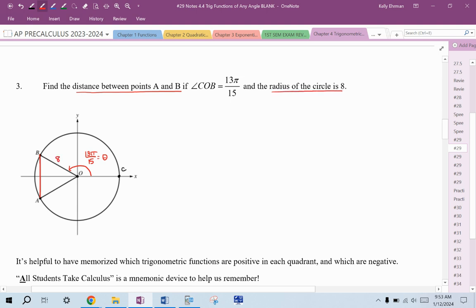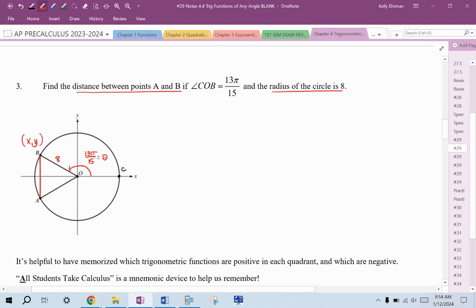All right. Now, one thing that's not marked off in my picture, I probably just forgot to mark this in, but these A and B, they look like it, but they are equal distance from each other. So whatever this distance is here is equal to this distance. So if I can just find this vertical distance up to B, I can double it and find the length of A to B. And the good news is we have enough information to find that vertical distance.